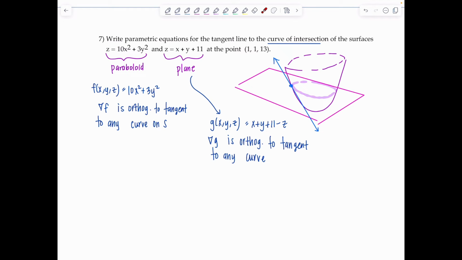Now, since I'm interested in the tangent on the curve of intersection, this tangent's direction vector is going to be orthogonal to the gradient of g as well as the gradient of f.